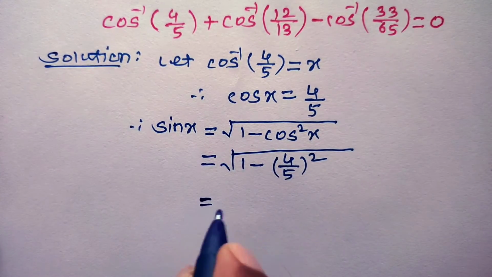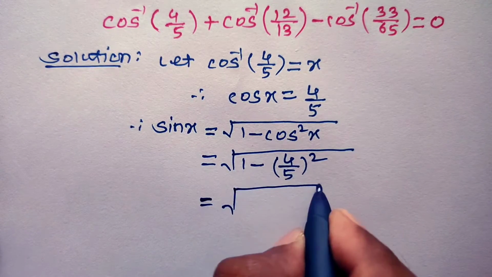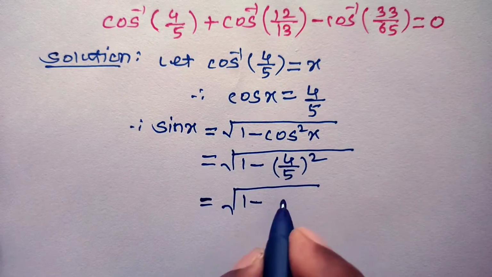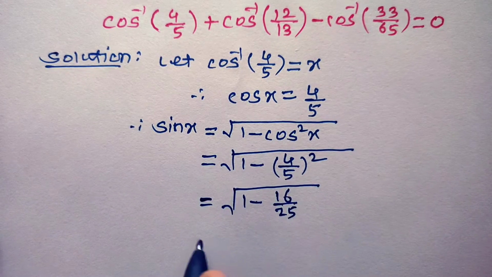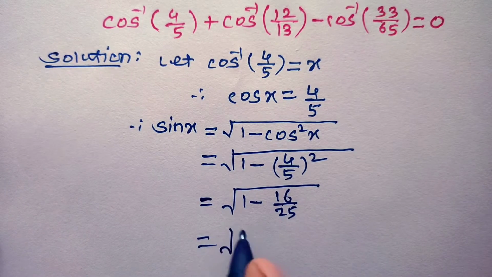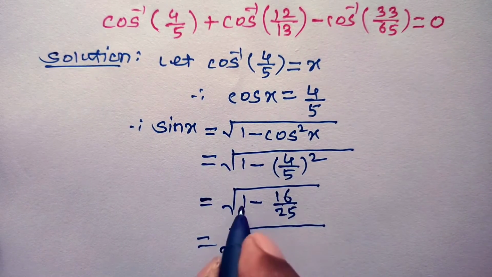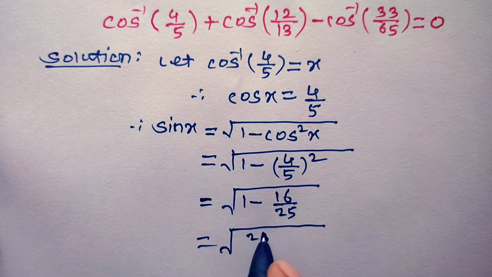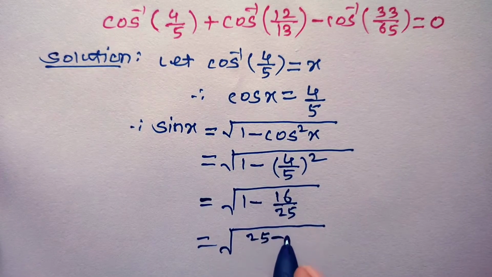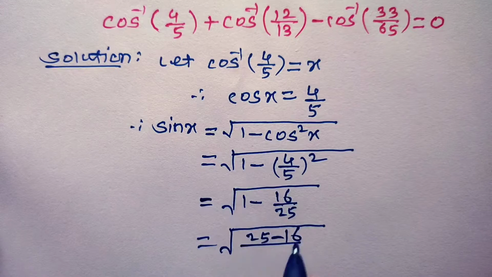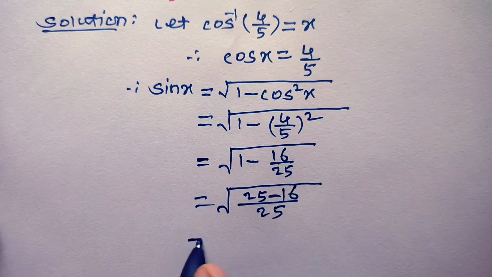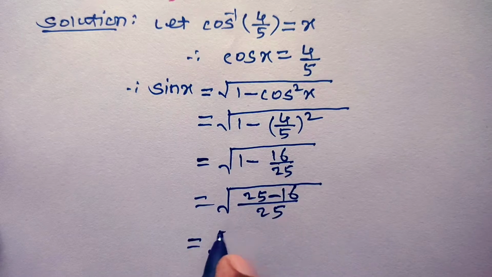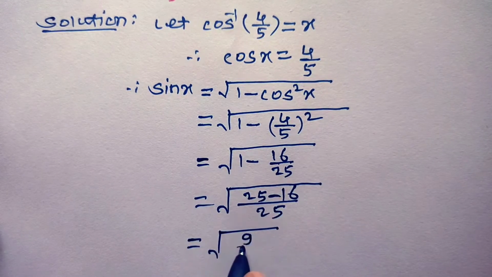So this is equal to square root of 1 minus 4 square is 16, 5 square is 25, this is equal to square root of (25 minus 16) divided by 25, which is equal to square root of 9/25.